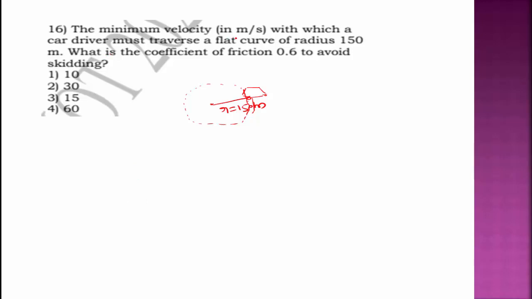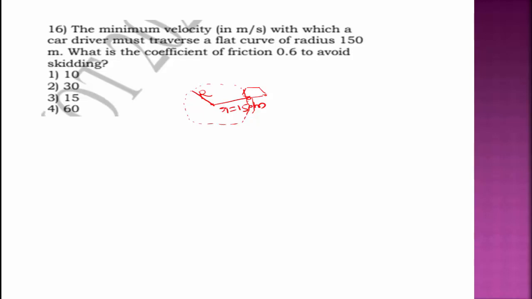The minimum velocity with which a car driver must traverse a flat curve of radius 150 meter. What is the coefficient of friction? 0.6 to avoid skidding. Here, the friction will provide the necessary centripetal force. R is the radius of the flat curve, that is 150 meter.